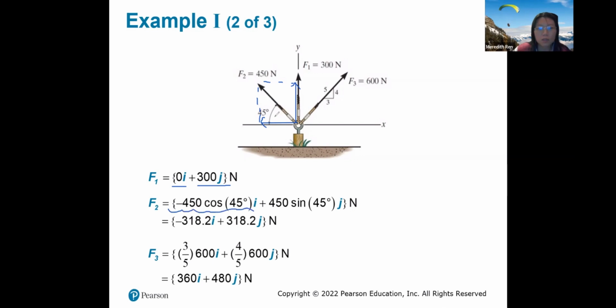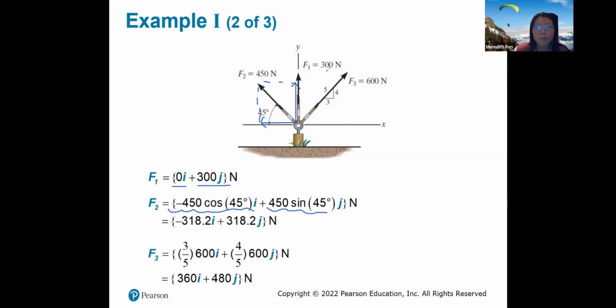Be careful, the X component is negative because I'm going toward the left, and your Y component is positive because I'm going up. So negative I component and positive J component. Since it's 45 degrees, the magnitudes of the horizontal and vertical components are the same. They both are 450 times cosine 45 degrees or sine 45 degrees, same thing.